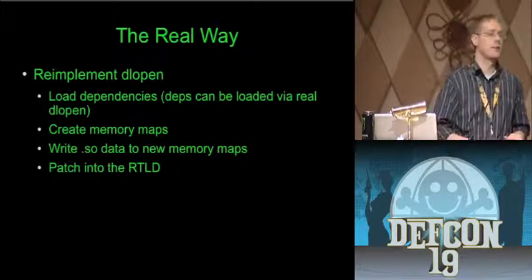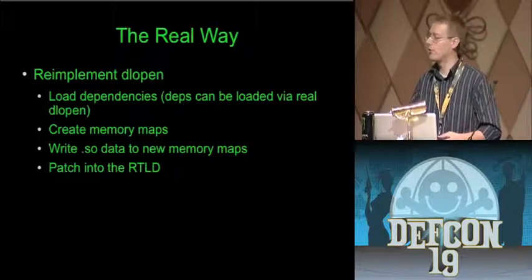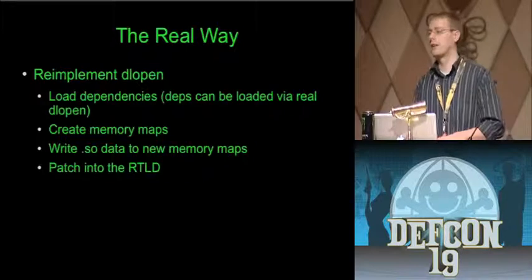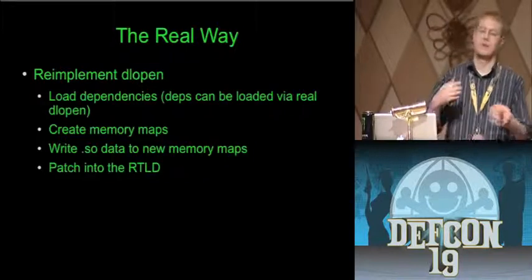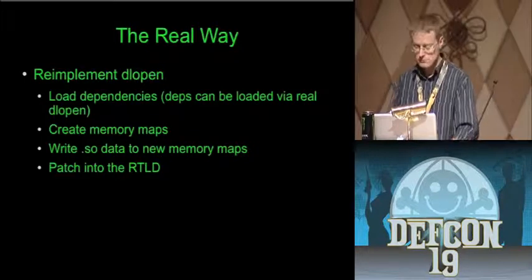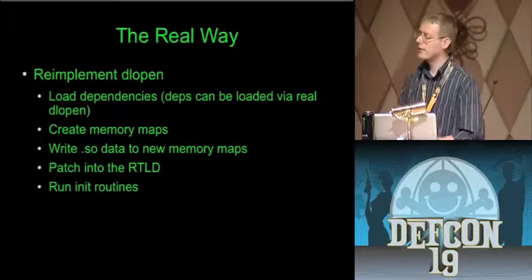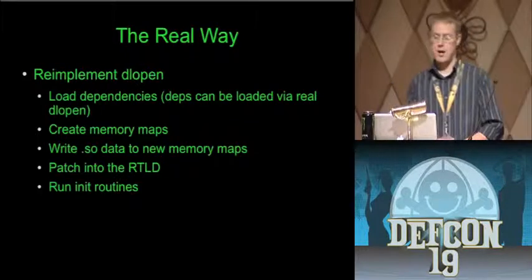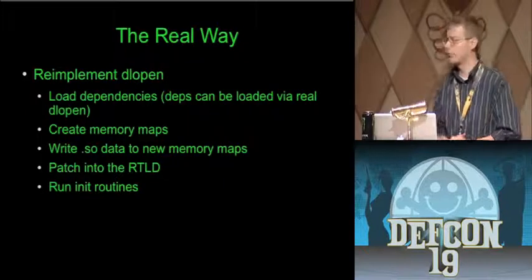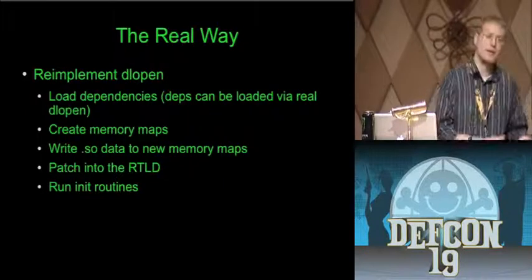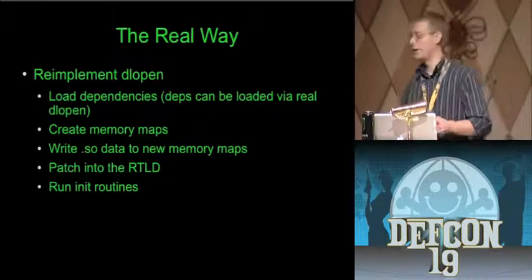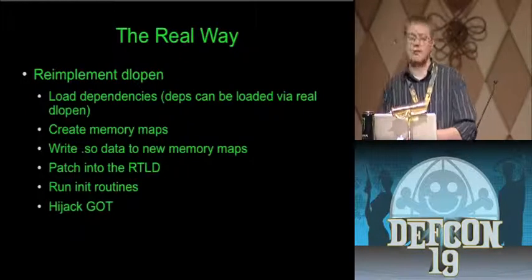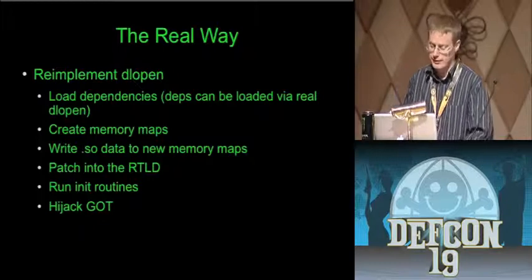That's important because the runtime linker is the one responsible for resolving where in memory functions are located, like printf and memset and mmap, that kind of thing. You'll run the initialization routines of dependencies that you loaded by hand. You do not run the initialization routines for dependencies that have already been loaded or that were loaded by dlopen. And then you'll do the PLT-GOT redirection technique. You'll hijack the global offset table.